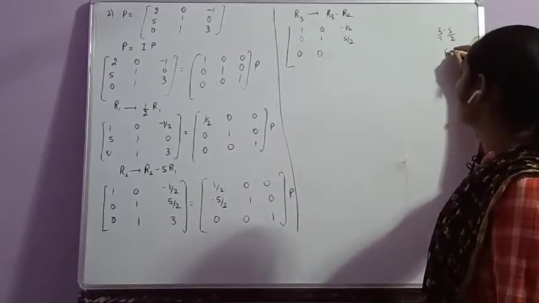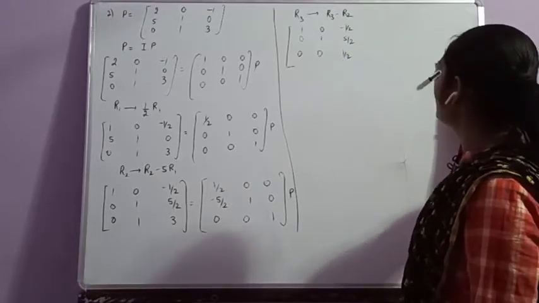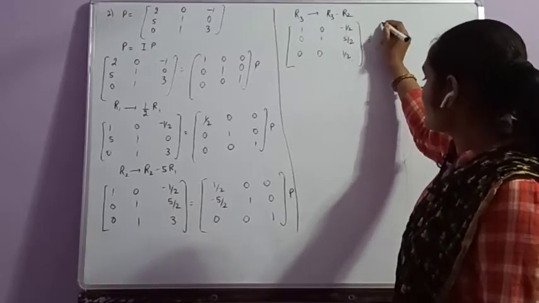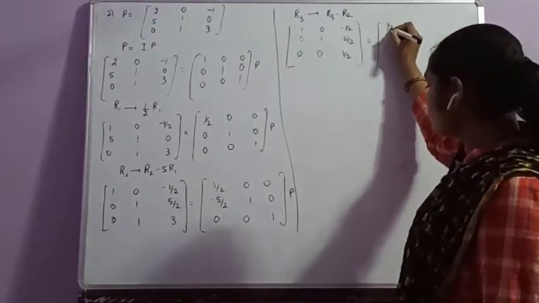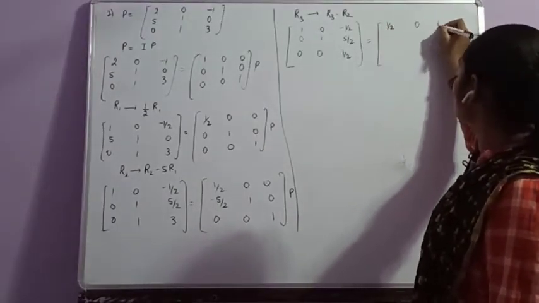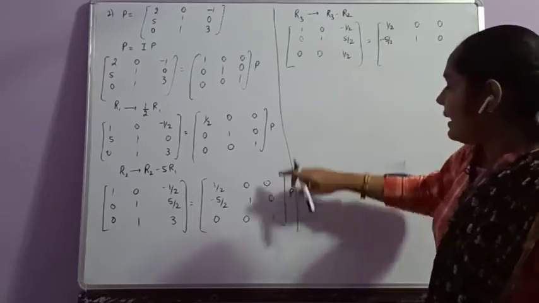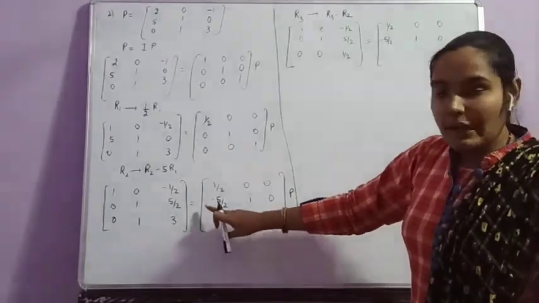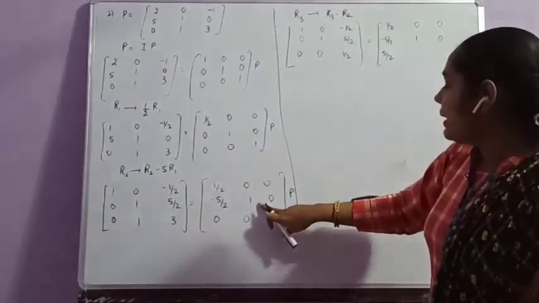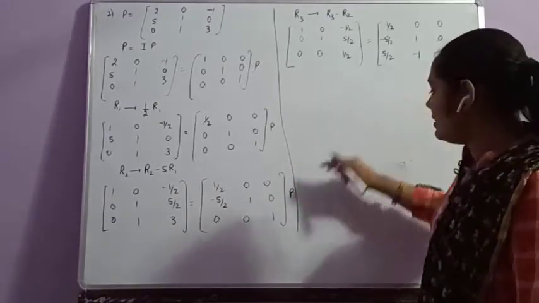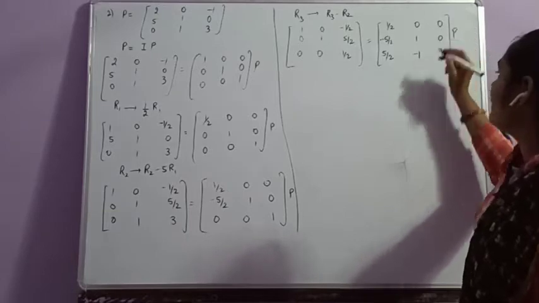If we take the LCM, 6 minus 5 by 2 is 1 by 2. Clear? Now the same operation is applied on the right hand side, that is 1 by 2, 0, 0, minus 5 by 2, 1, 0, and R3 minus R2 gives 0 minus minus 5 by 2, 0 minus 1 that is minus 1, and 1 minus 0 that is 1, into P.